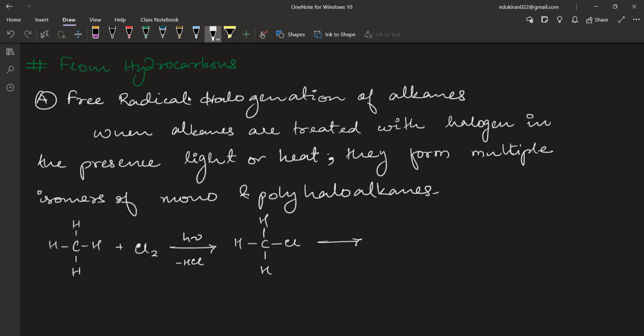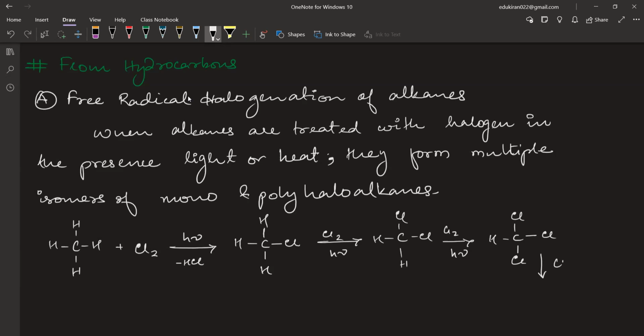Once again, Cl2 will react and the other carbon hydrogen bond will break and you will form one more C-Cl. Then again, if Cl2 molecules remain, you will again form a C-Cl. So hydrogen is going to be replaced by Cl.